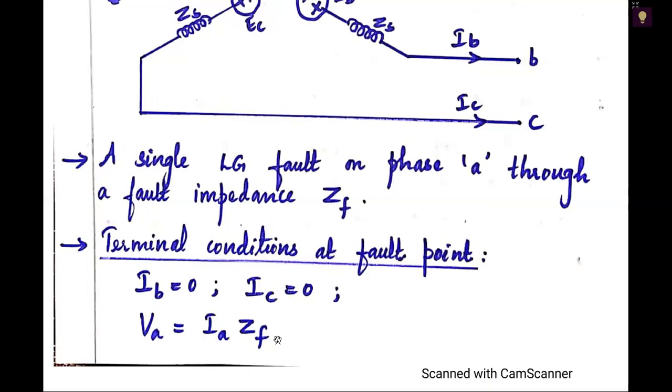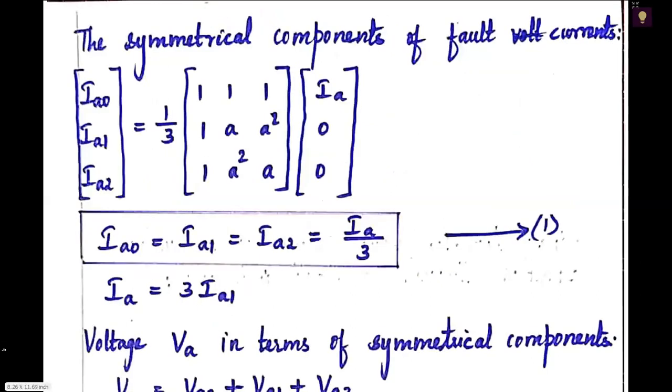Now to draw the combined equivalent sequence network for LG fault, we take the matrix equation of the symmetrical components of currents. The symmetrical components IA0, IA1, IA2 are written in terms of the phase currents IA, IB, IC, and we replace IB and IC by their initial terminal conditions, IB equals 0, IC equals 0. Multiplying, IA0 is equal to 1 by 3 into IA.